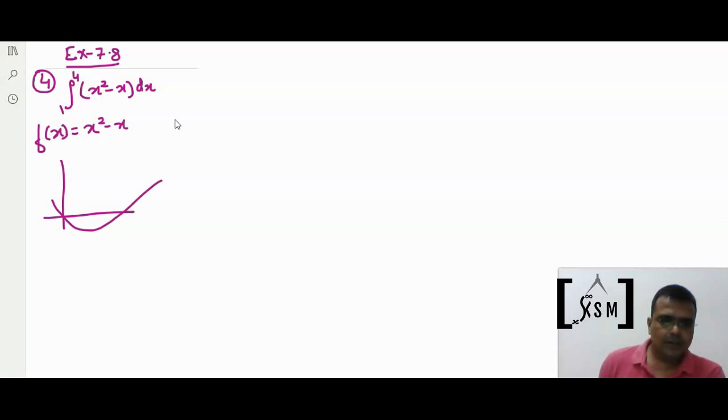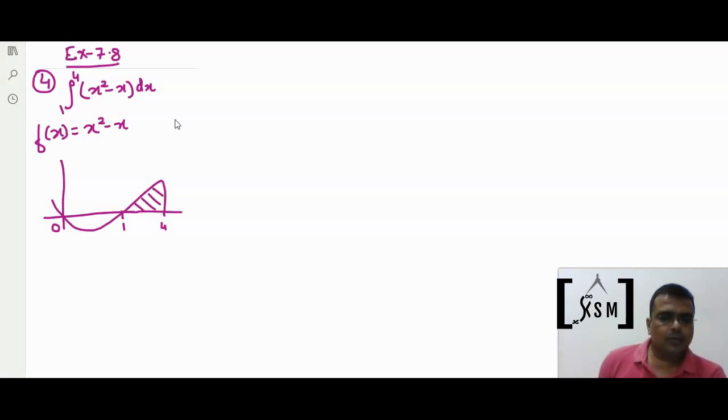So it cuts at 0 and at 1, and we have to find the area under the curve from 1 to 4. So let's say this is 4. So basically we have to find this area.